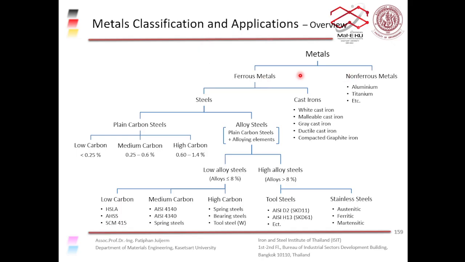Ferrous metals refer to alloys of iron, so you would get steels and cast iron, etc. Metals with iron as their main component. The other group is non-ferrous metals, other alloys with other materials apart from iron as their main components.